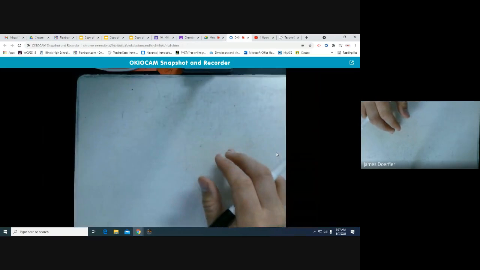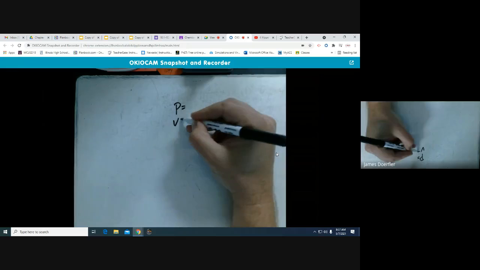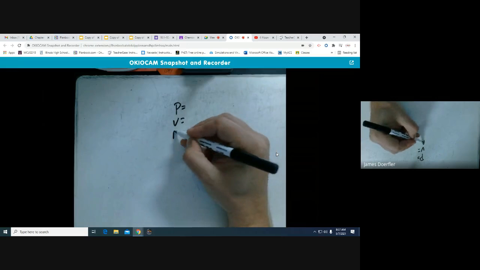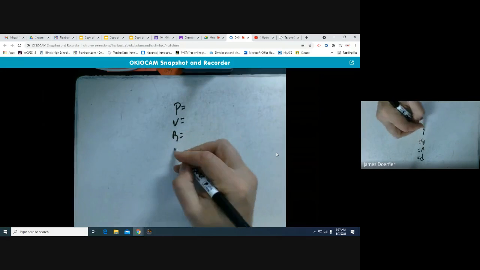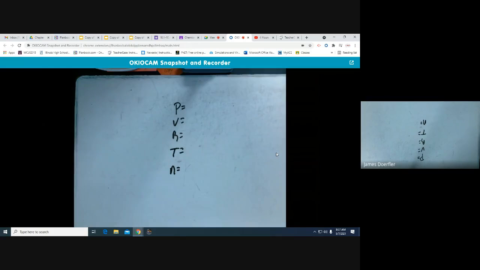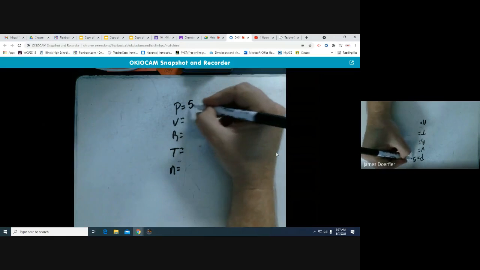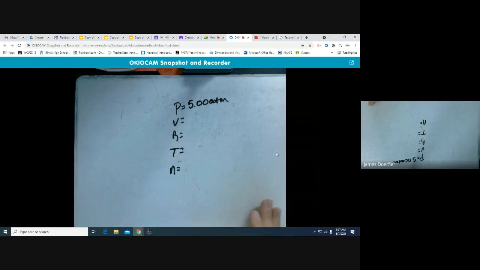So let's begin by writing down what we know: R, P, and n. We're given that the pressure is 5 atmospheres, and that's the appropriate unit we need.